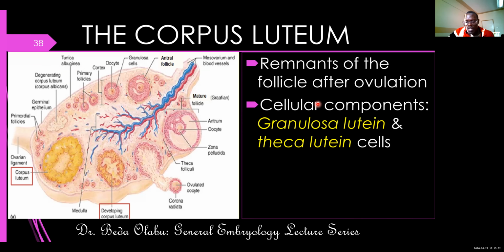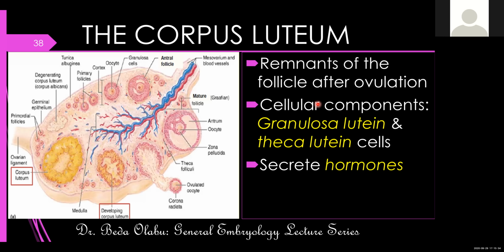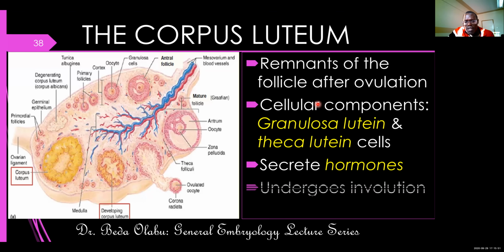The purpose of the corpus luteum is to secrete hormones after ovulation. Before ovulation, the follicle is the one that secretes hormones. After ovulation, the corpus luteum secretes hormones. But the corpus luteum does not last forever.